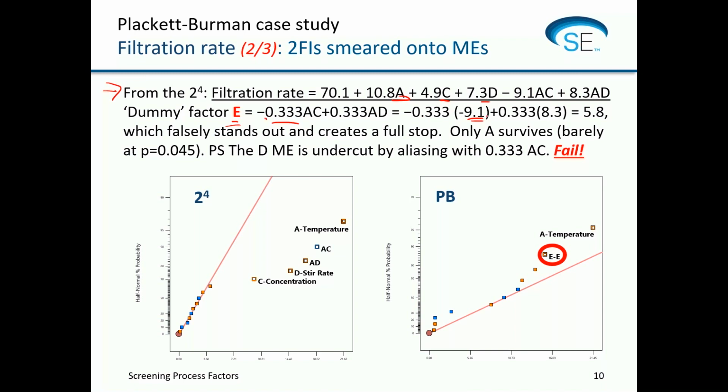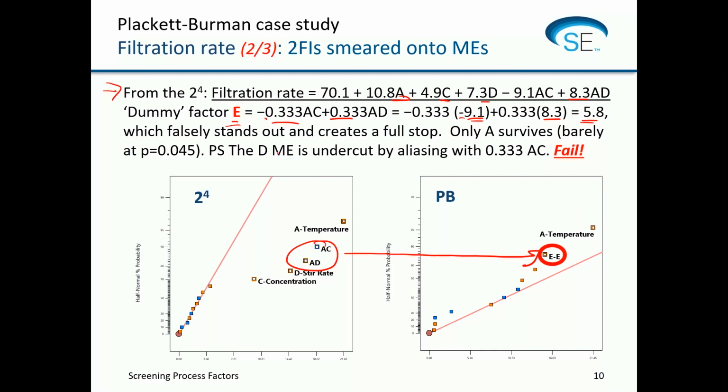So you're taking a minus times a minus, and you're getting a plus 3. Then it's also aliased with 1/3 of AD, which is a plus 1/3 times a plus 8.3, and 1/3 of 8.3 added to 1/3 of 9.1 gives you an appreciable effect, it seems, for E, but it's actually false. So actually AC and AD are being smeared out on E.